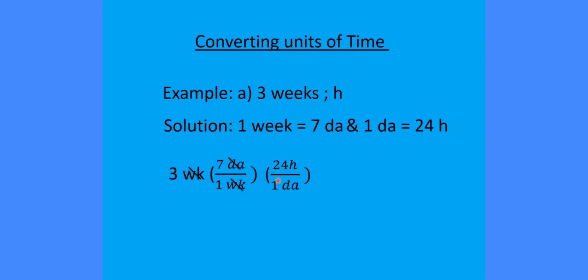Then we will multiply this result by another ratio, which is 24 hours over 1 day, and then the unit days will be cancelled out. Then we will multiply 3, 7, and 24, then over 1 times 1. Then copy the remaining unit, which is hour. The result is 504 hours. So the denominator 1 becomes imaginary.